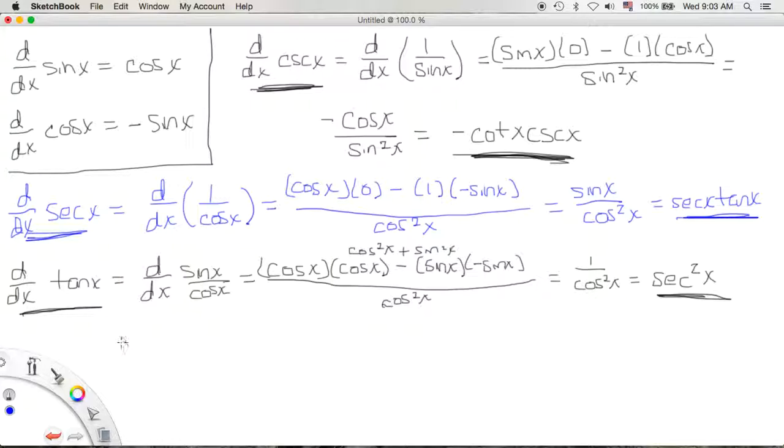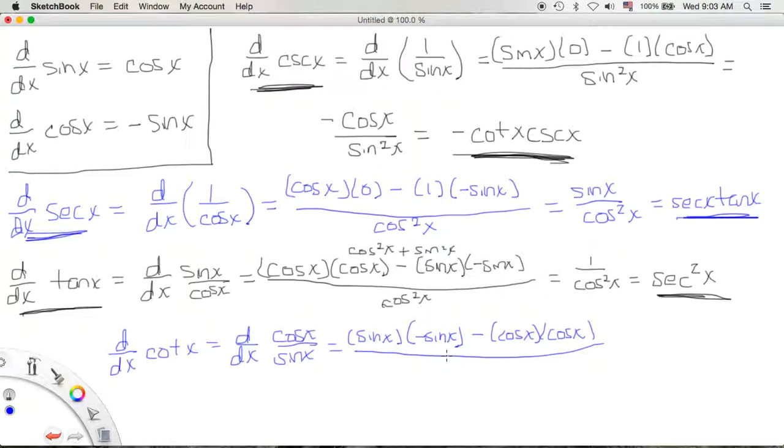And then last trig function, cotangent x. We're taking the derivative of cosine over sine. So we say bottom times the derivative of the top minus top times the derivative of the bottom all over the bottom squared.